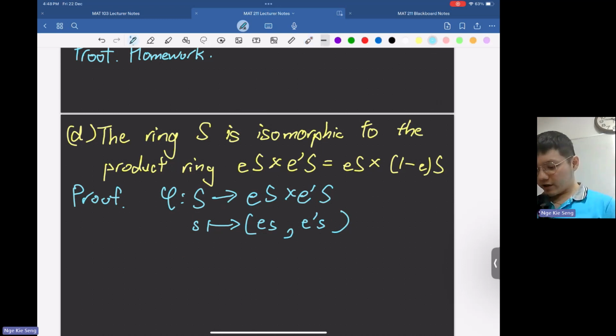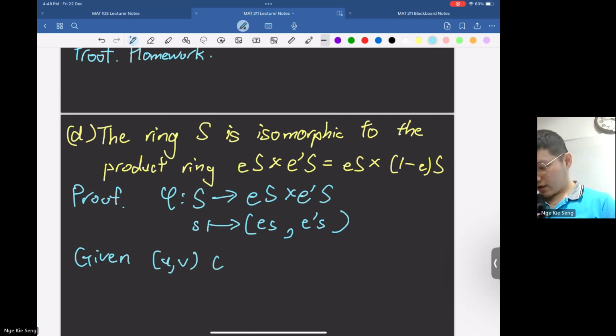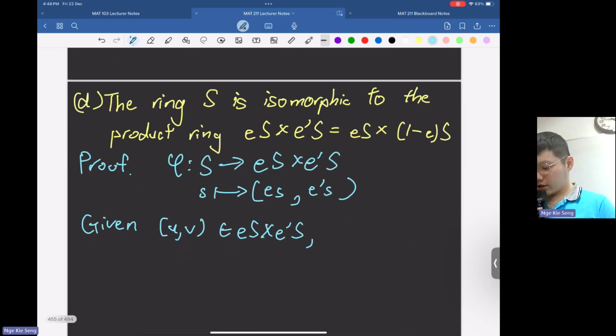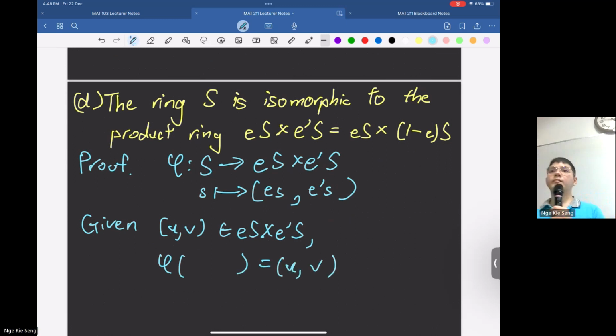So given (u, v) in EX cross E'X, what's the pre-image? Can you think of what's the pre-image? What's the thing that gets sent to (u, v)?